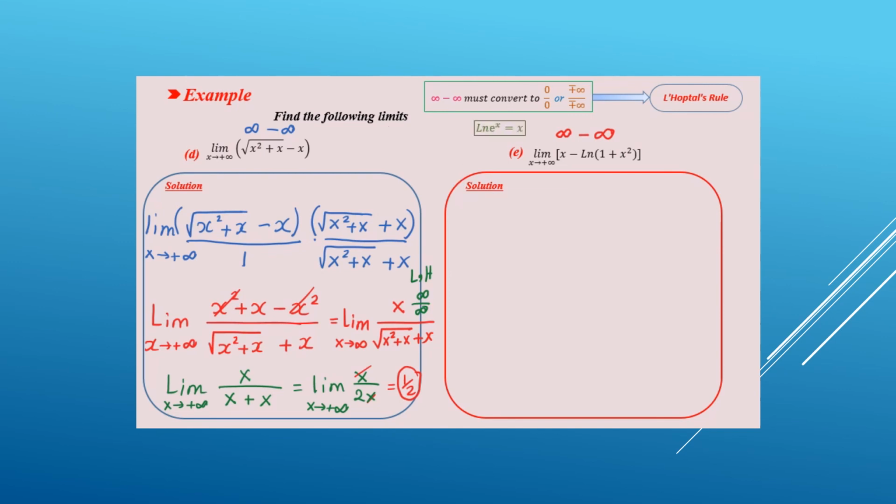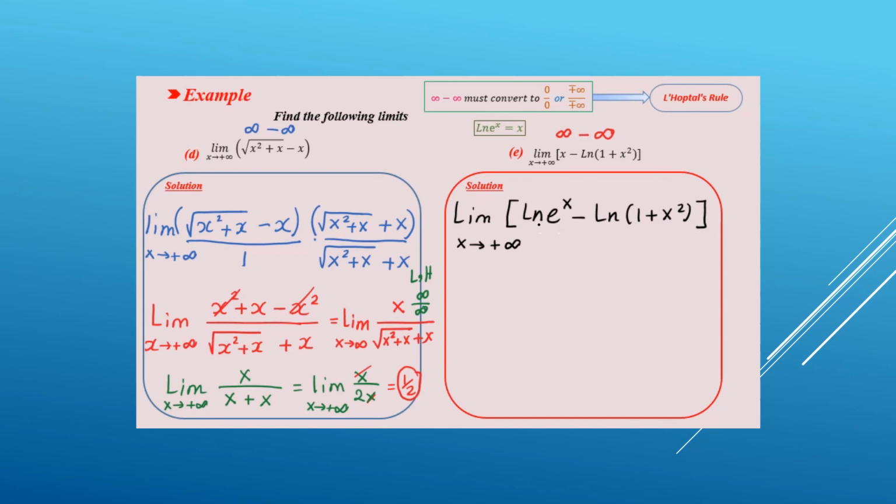And as you know that ln e to the x equals x, so we can rewrite x as ln e to the x. So we have limit ln e to the x minus ln 1 plus x squared when x goes to positive infinity.